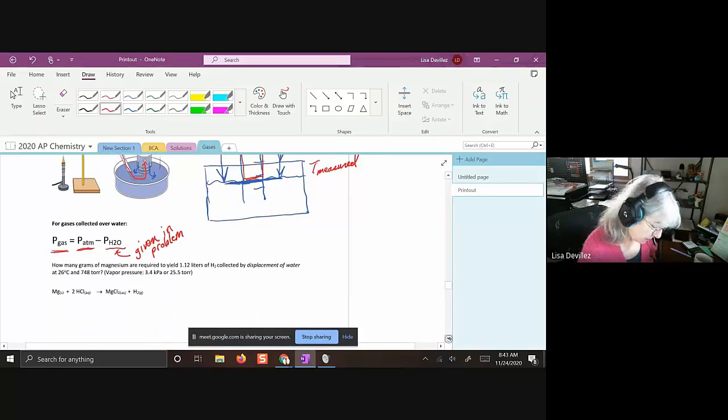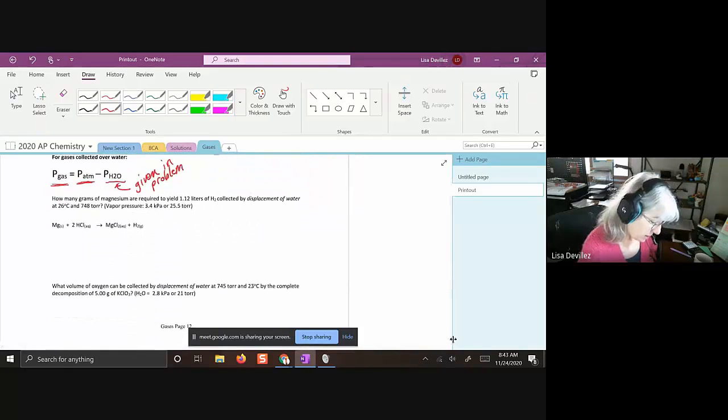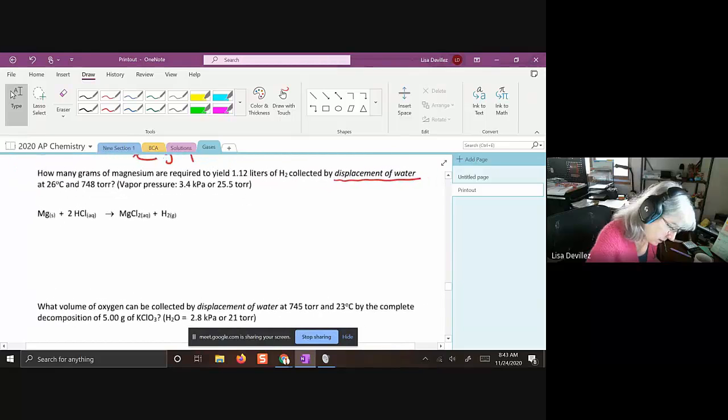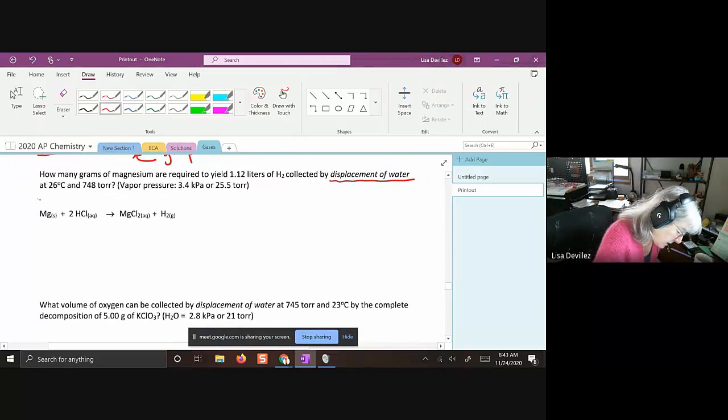So like here, for example, it says collected by displacement of water, and it wants to know my grams of magnesium.